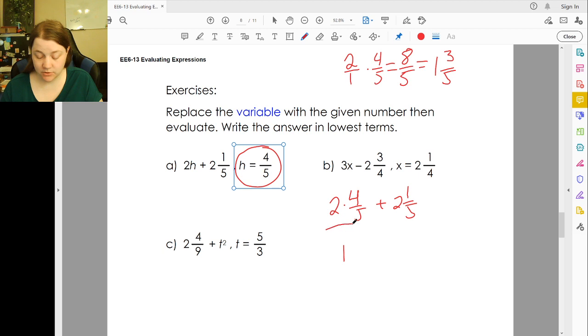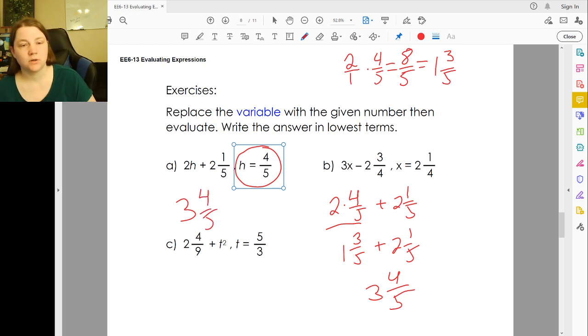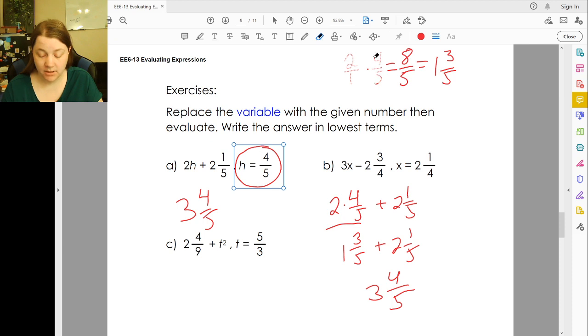So that becomes 1 3/5 plus 2 1/5. 1 plus 2 is 3. 3 plus 1 is 4 over 5. This becomes 3 4/5. You go ahead and give letter B a shot, and when I'm finished erasing the page to make room for letter B, we'll talk about it.